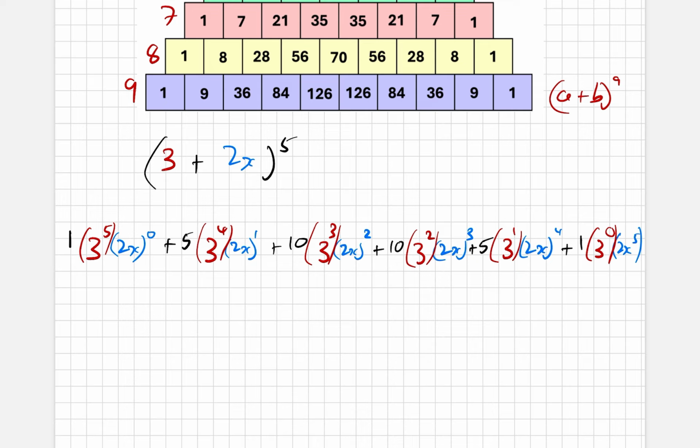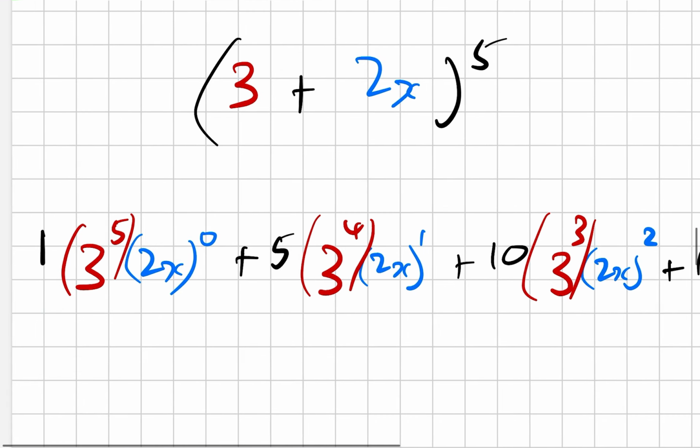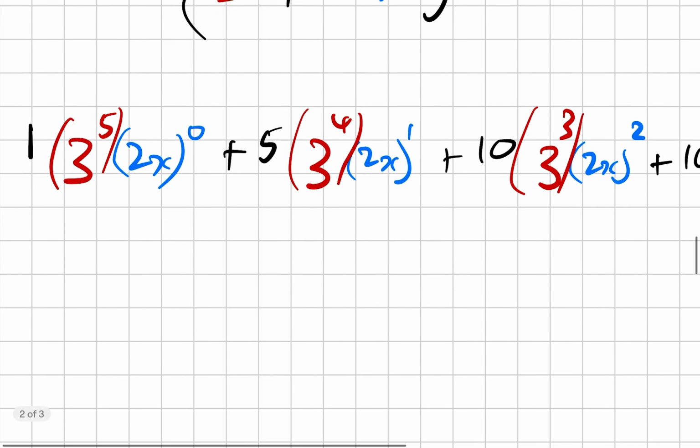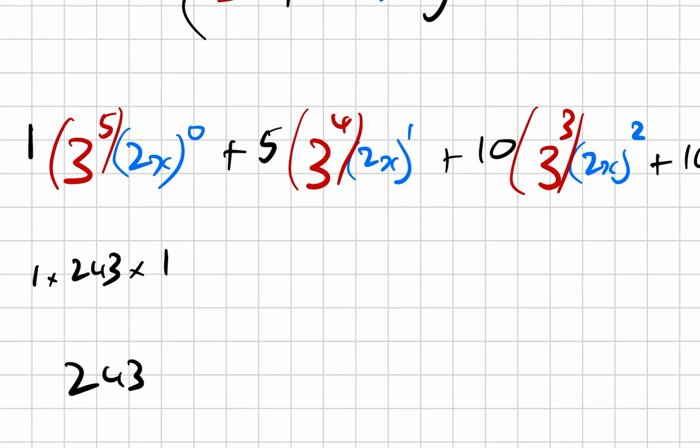So let's look at each term separately here. To start with, I've got a 1 times 3 to the power of 5, and 3 to the power of 5 is 243, times (2x) to the power of 0, and anything to the power of 0 is 1. So I'll leave that, and underneath it I'll write the total is 243.